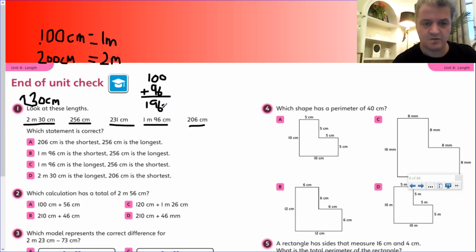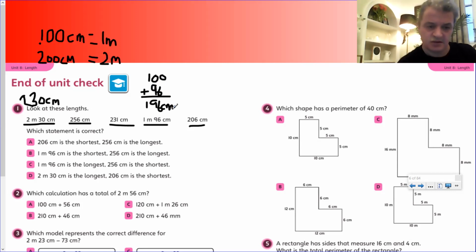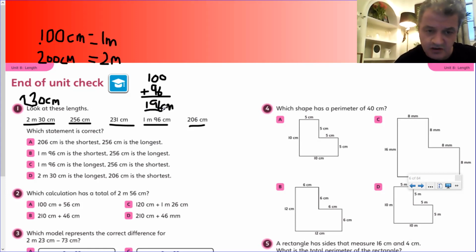Now, all my lengths are in centimeters now. So 206 centimeters is the shortest. 256 centimeters is the longest. Okay, we now know that this statement is incorrect, because this is my shortest measurement. 196 is 10 centimeters shorter than 206 centimeters.